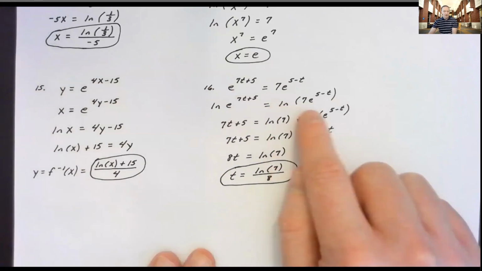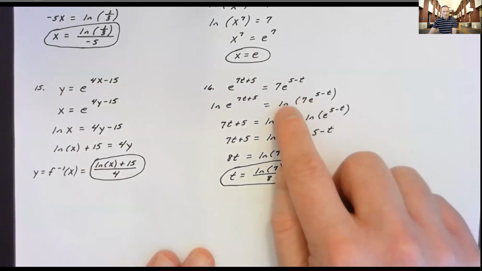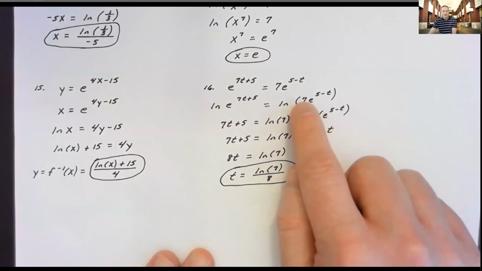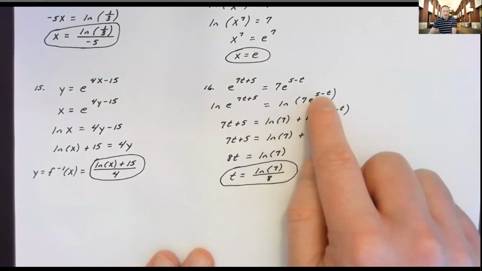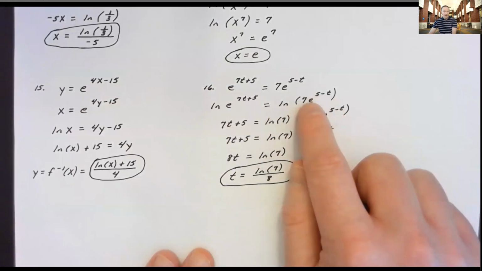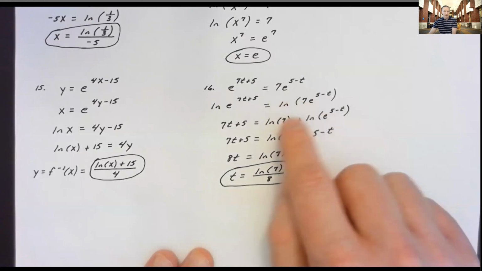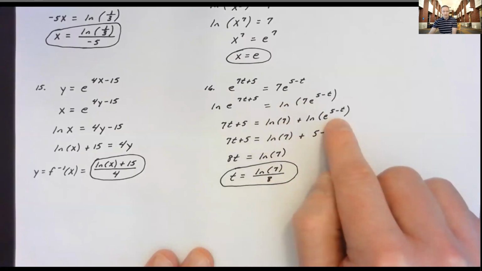Now, the natural log and that e can't just eliminate each other on the right-hand side because you have two terms inside that logarithm. You have the natural log of 7 times e to the 5 minus t power. Anytime I have a multiplication inside a logarithm, I can expand that: it's the natural log of the first term, natural log of 7, plus the natural log of the second term, the natural log of e to the 5 minus t.